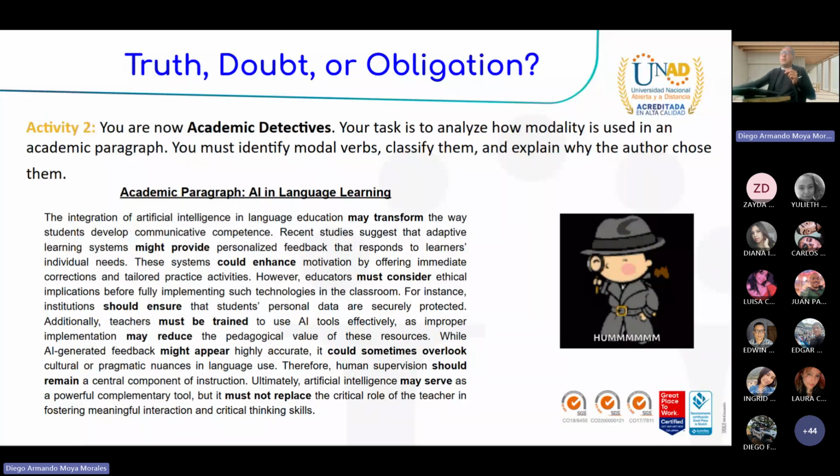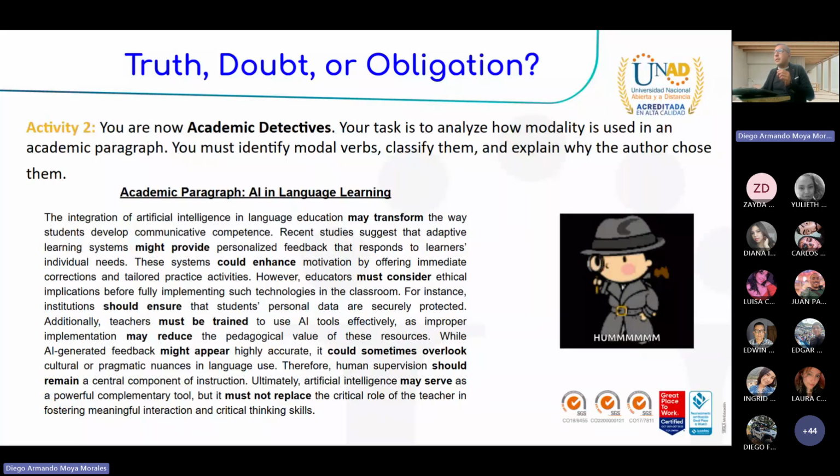All right. So as you can see, it is not only using modal verbs just because. They have a very deep meaning. That's the reason why you are here, because it's necessary to try to understand this use. Yes, this is the nuance of the language. All right, pretty good.